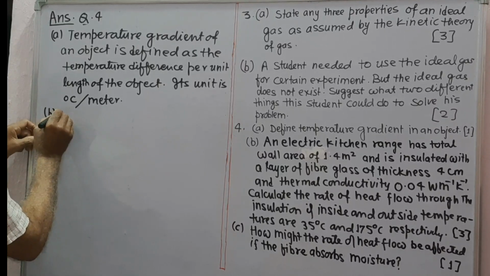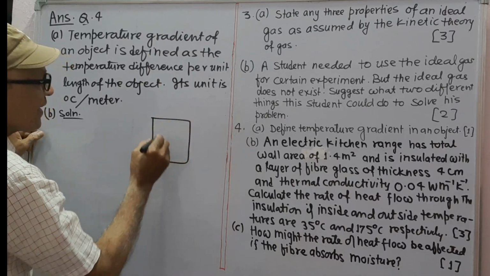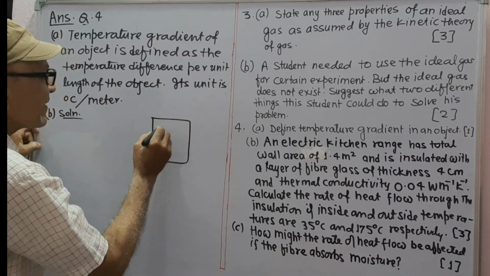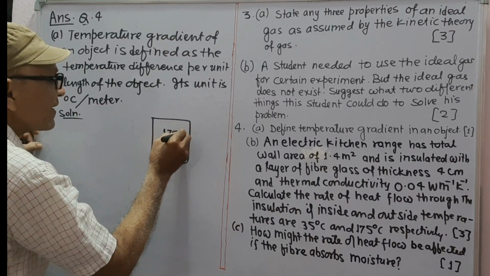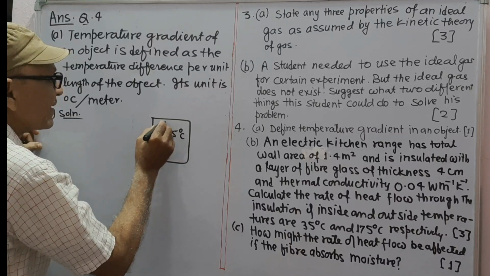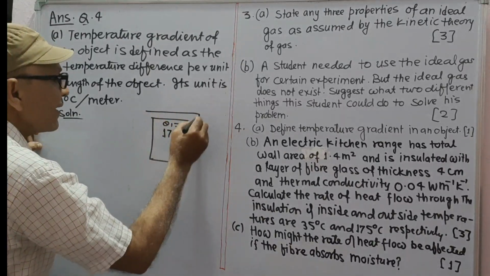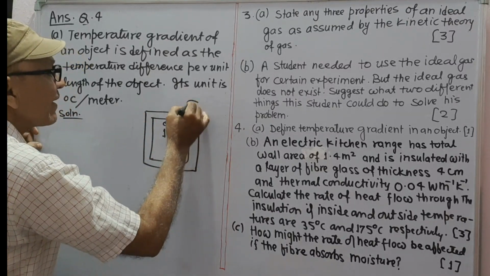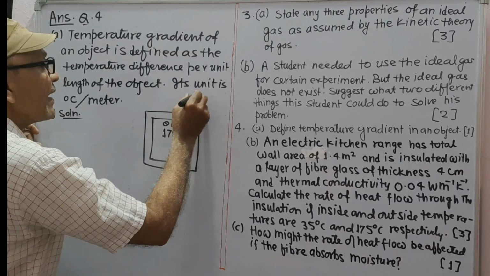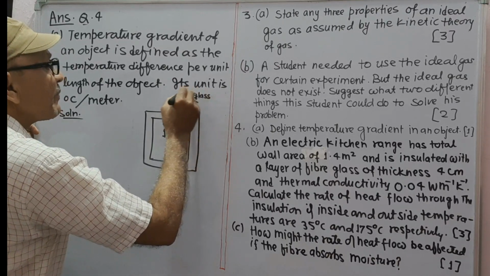Solution: suppose this is the electrical appliance. Inside temperature is 175 degrees Celsius, that is theta 1. It is insulated with the glass fiber or fiberglass.